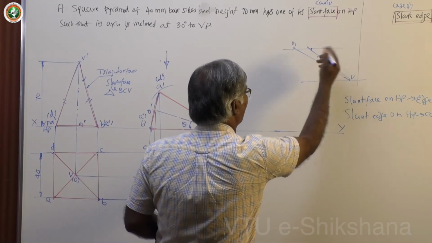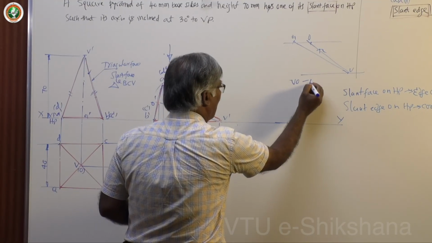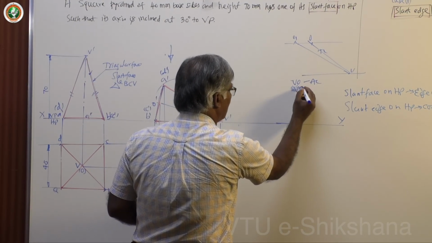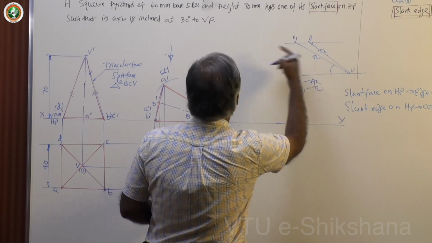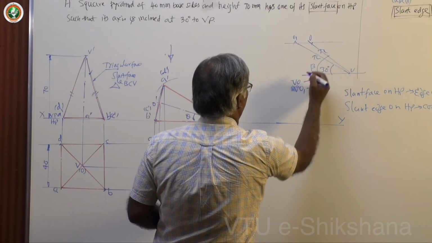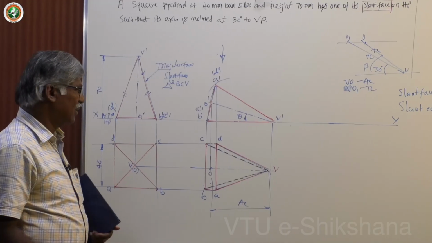Direction is not important, anywhere you can keep. This is VO. So VO is the apparent length, VO1 is the true length. This is actually inclined 30 degrees to VP. So this becomes beta. You will get some value like 41 or something, that depends.